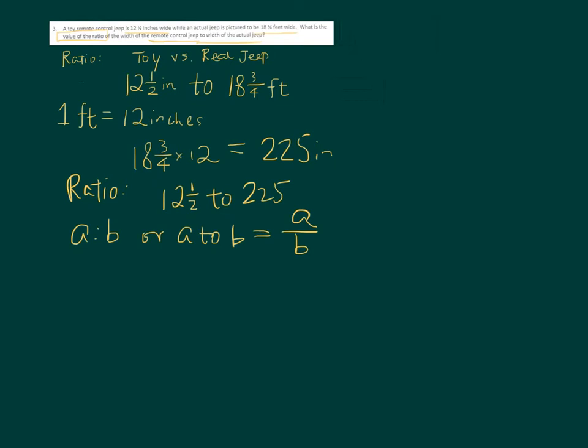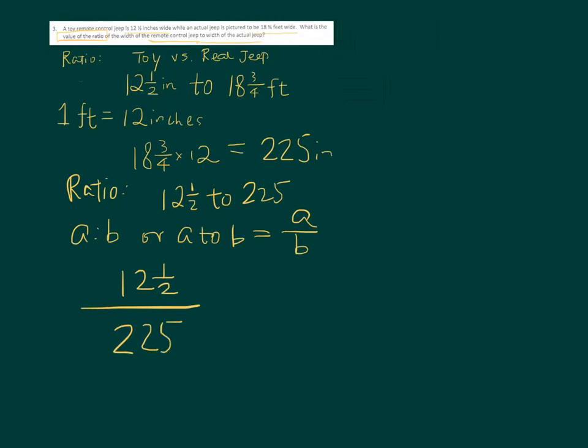So in other words, to find the value of this ratio, 12 and 1/2 to 225, we have to rewrite that as a fraction. So this is 12 and 1/2 over 225.